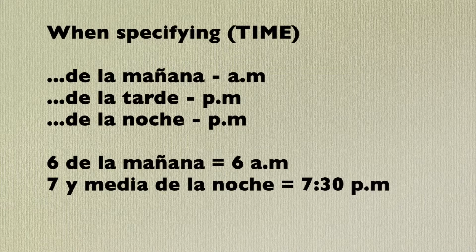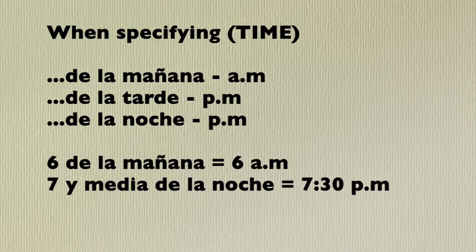Another part of telling time is when you want to specify the time of the day, such as 8 o'clock in the morning, 7 o'clock at night, 2 o'clock a.m. When specifying time here, you have de la mañana, which is a.m. De la tarde is p.m., in the afternoon, of the afternoon. De la noche, evening or at night, of the evening or of the night.